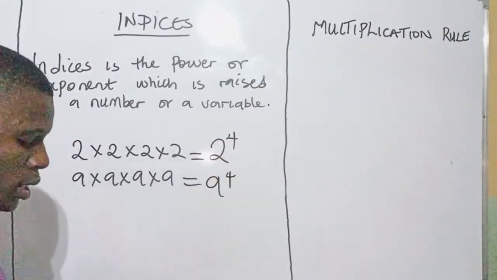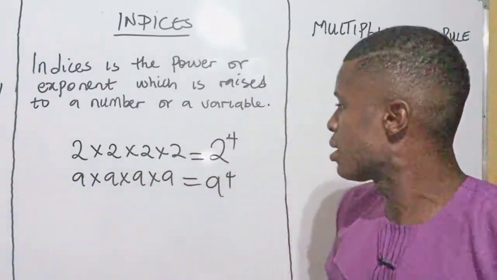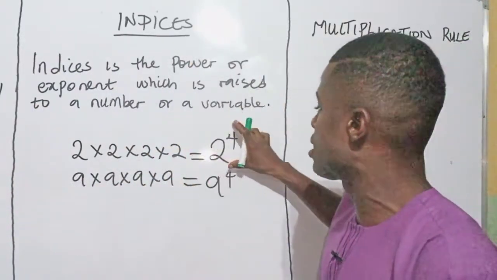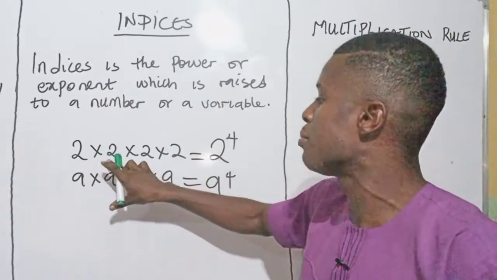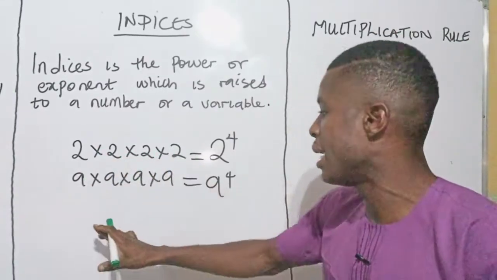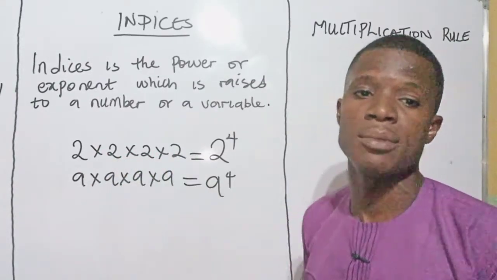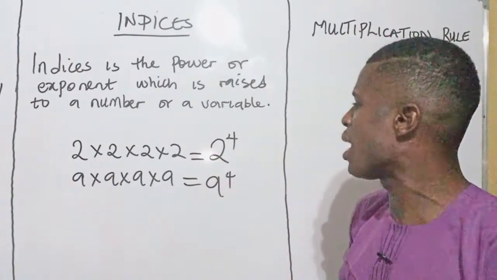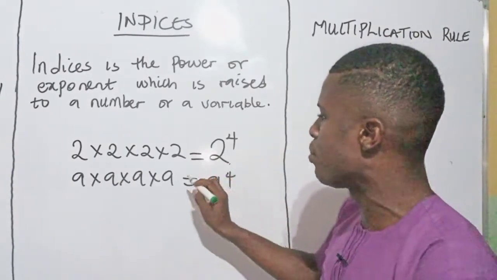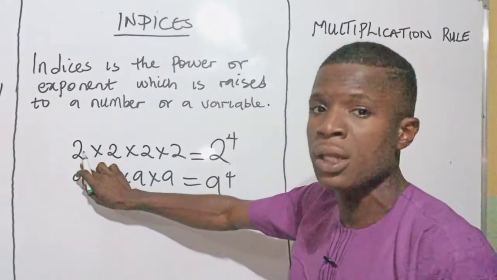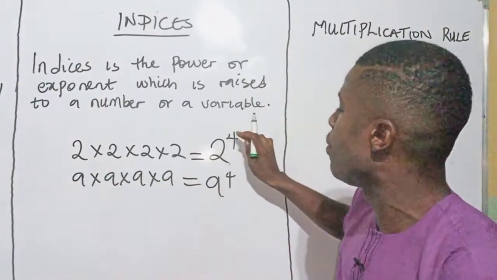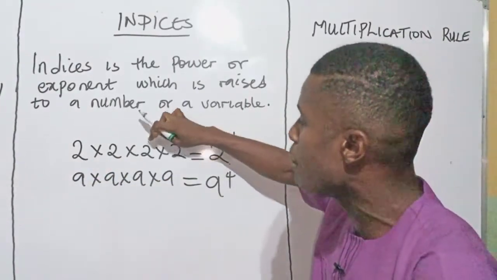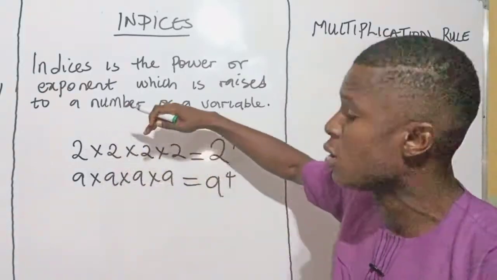So at this point, you can see that this is just a simplified form of 2 times 2 times 2 times 2 and a times a times a times a. At this point, you can see that this 2 is just the base, that's the number in question, and you can see that this 4 here is just the number of appearance or repetition of these 2.